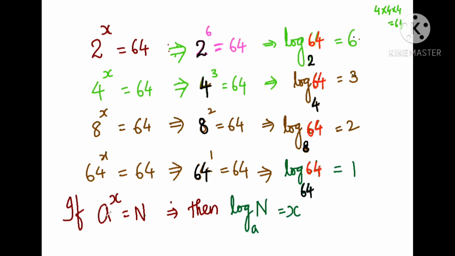In a to the power of x is equal to n, n is the number and the base is a, and the exponent x is taken as the logarithm. The logarithm of n is x with base a, but a should not be equal to 0 and a should not be equal to 1.